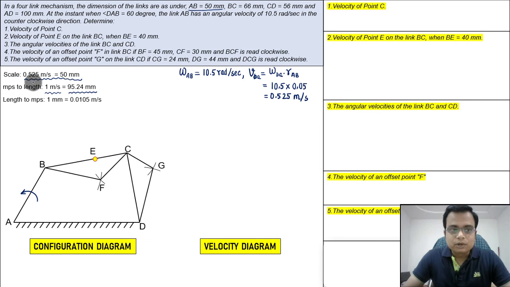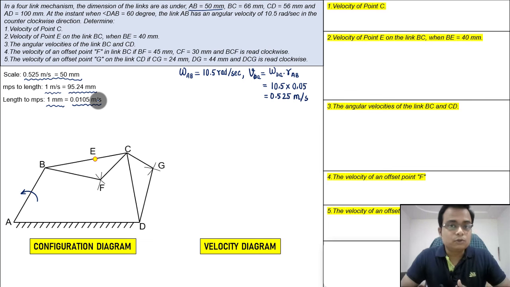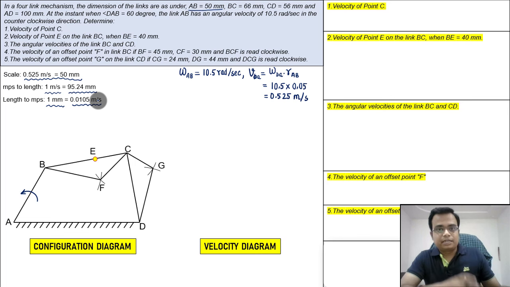And if you take this 50 over to this side, you will have 1 mm equal to 0.0105 meters per second. You might be wondering why I am doing this conversion, because it is going to be useful for us.